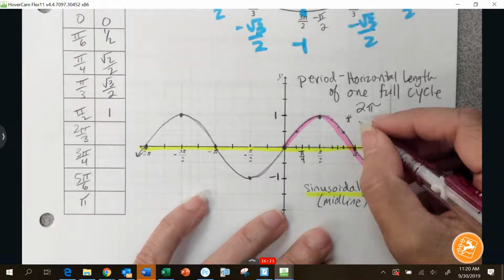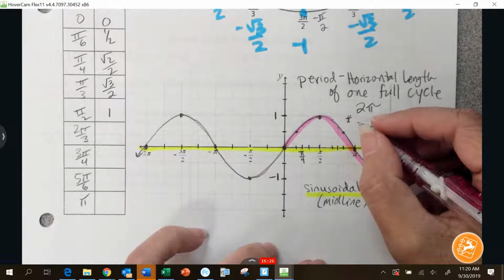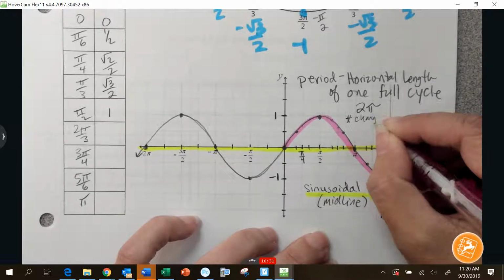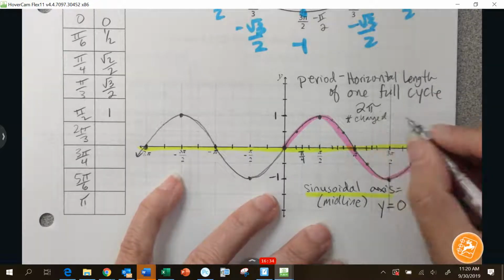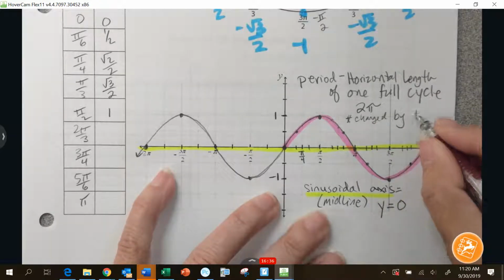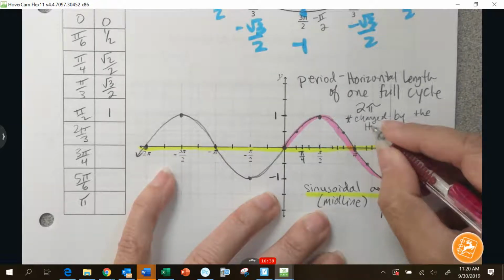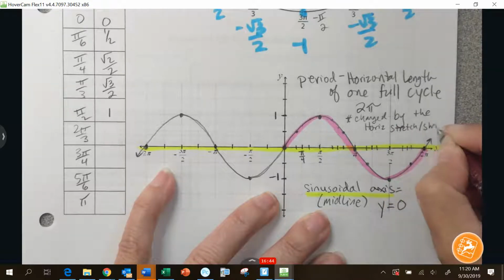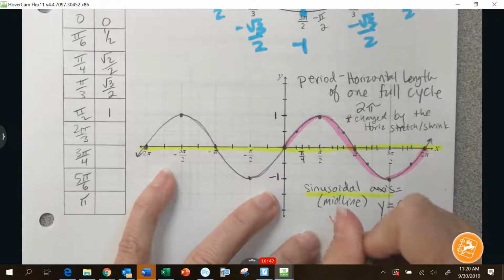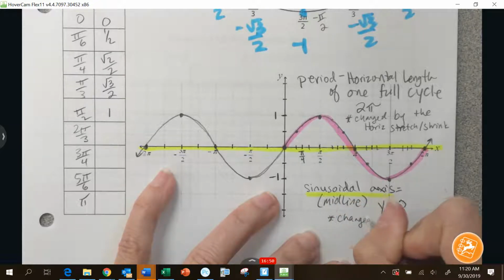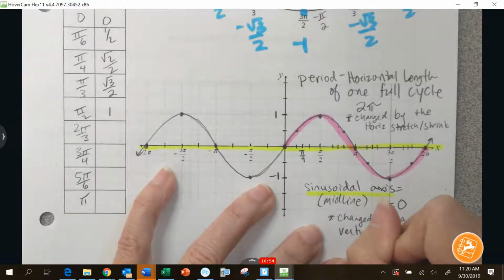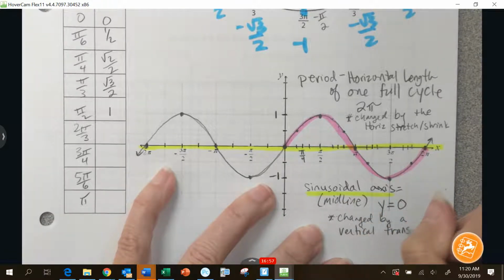Is it affect or effect? Changed by, okay, changed by. So the period is changed by the horizontal stretch or shrink. Sinusoidal axis would be changed by a vertical translation, which is up or down.